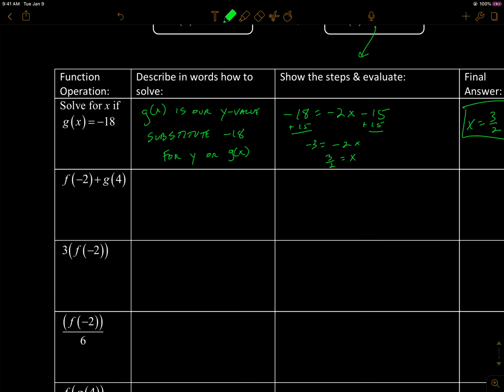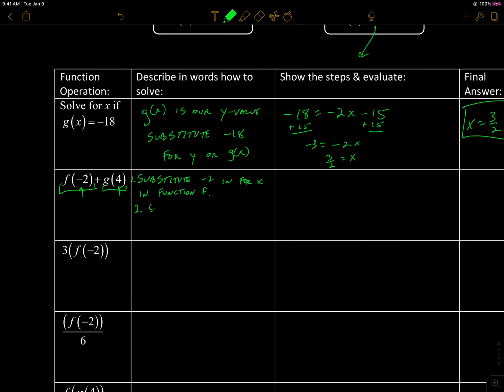f of -2 plus g of 4. This is now telling me an x value, right? And then I get a y value when I plug in that x value. Same thing here, I get a y value, and then I'm going to add those together. So I'm going to substitute -2 in for x in function f. That's step 1.